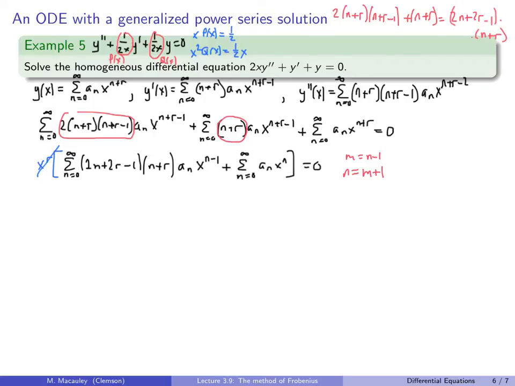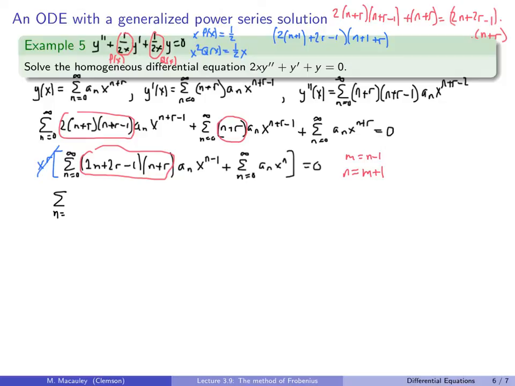Okay, so let's write this as a sum of n equals 0 to... actually, you have to be careful. I think we might not be starting at 0. Let me take this term, and in place of n, let me put in n plus 1. Let's do that up here. 2(n plus 1) plus 2r minus 1 times (n plus 1 plus r).